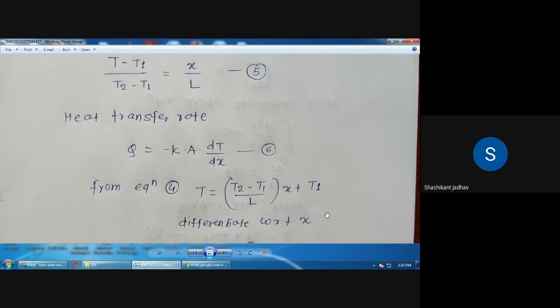Dhanashri. Yes, sir. What is the answer for Q?